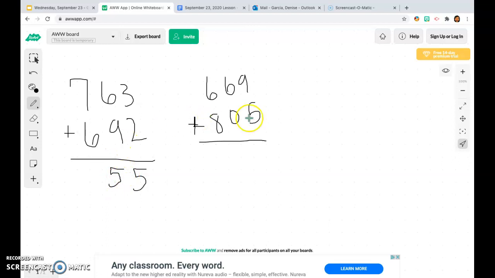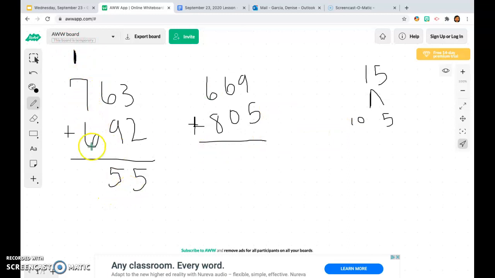So I know that 15, if I decompose 15, I have a 10 and I have a 5 in the ones place, right? Cool. So what I'm going to do is carry over that tens place, that 10, over to the next place value. Okay? The 5 remains here.